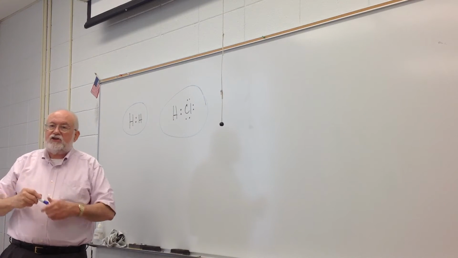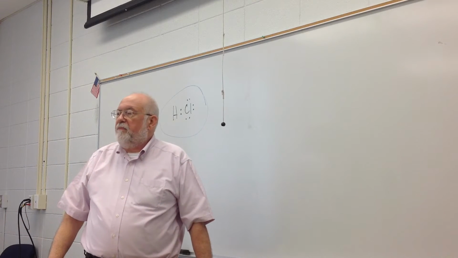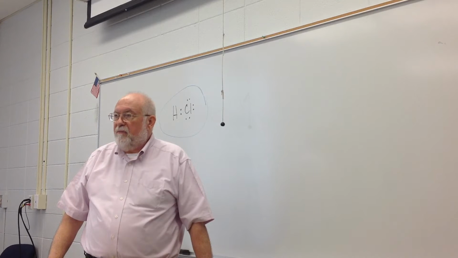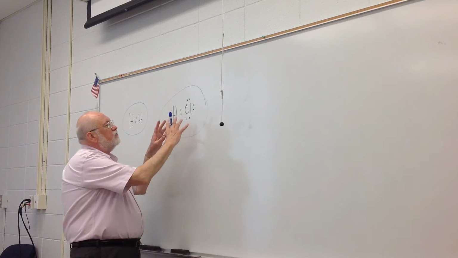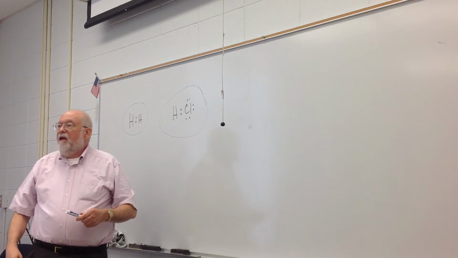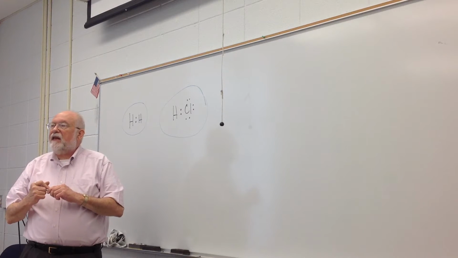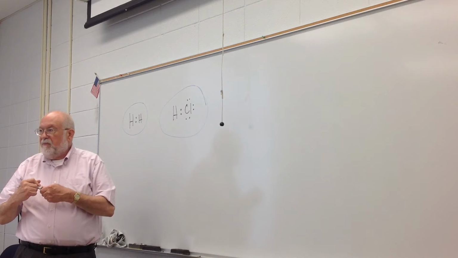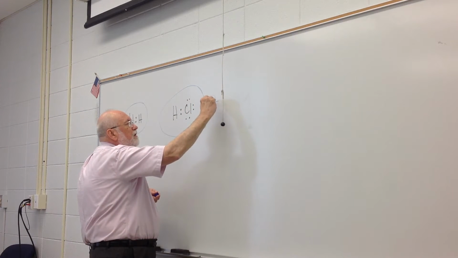Now, what is the charge on an electron? Negative. All right. So if you've got a concentration of electrons on this chlorine end, then you're going to find that that end of the molecule tends to become slightly negative. All right? And we can show that partial negative charge this way.